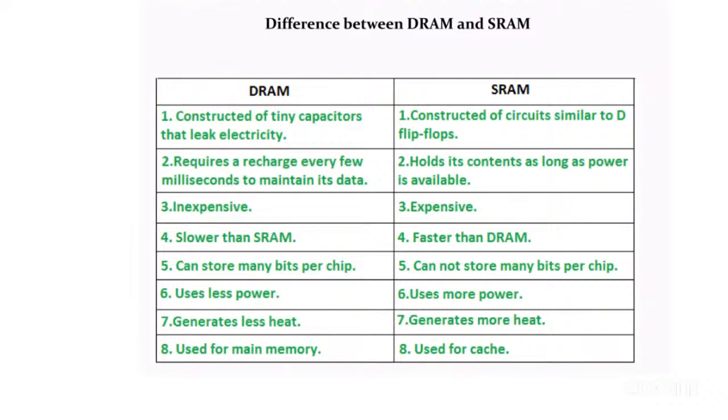DRAM uses less power, whereas SRAM needs more power. DRAM generates less heat, whereas SRAMs generate more heat. And DRAM is used for main memory, whereas SRAMs are used for cache memory.